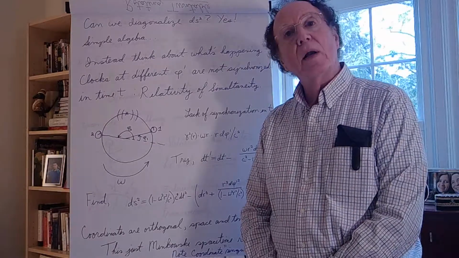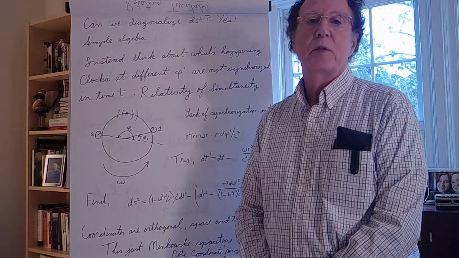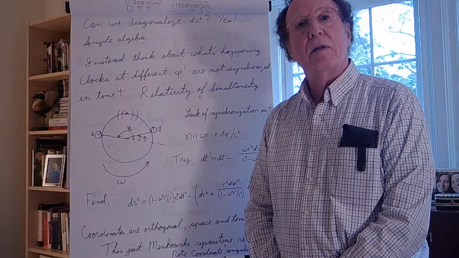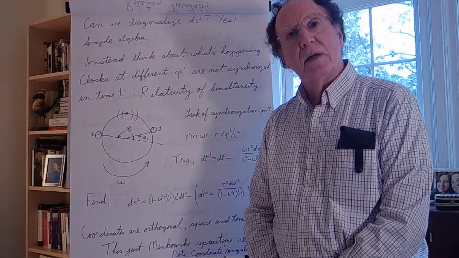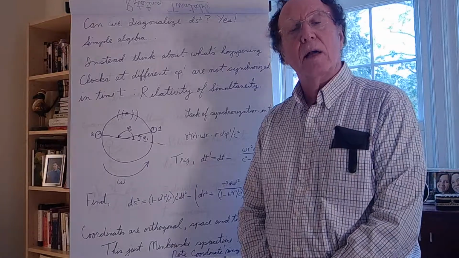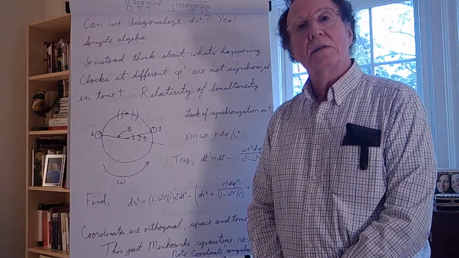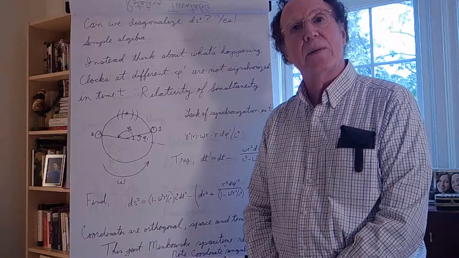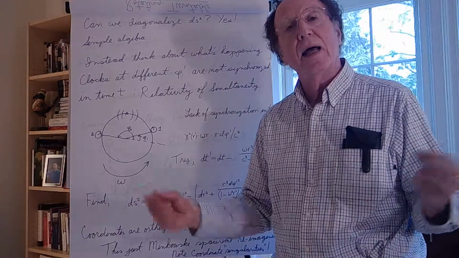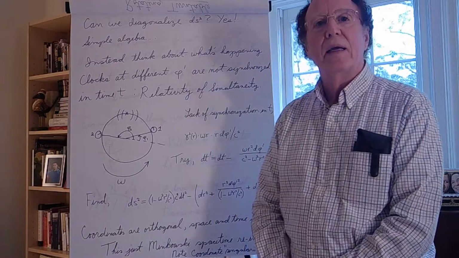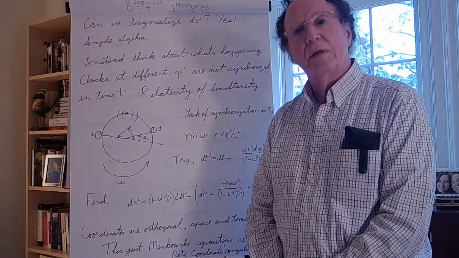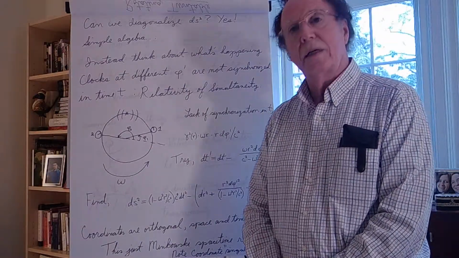Okay, and when I observe those clocks from the perspective of the lab frame, I know that there's relativity of simultaneity. Clocks which are synchronized in one frame and separated by a distance along the length are not synchronized in another frame, and I know how to compute the lack of synchronicity.